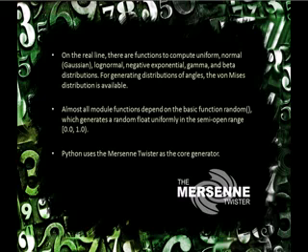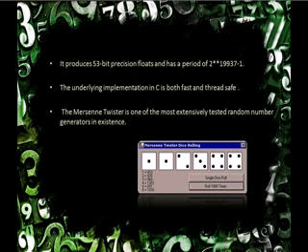Almost all module functions depend on the basic function random, which generates a random float uniformly in the semi-open range 0.0 to 1.0. Python uses the Mersenne Twister as the core generator. It produces 53-bit precision floats and has a period of 2 to the power 19937 minus 1.